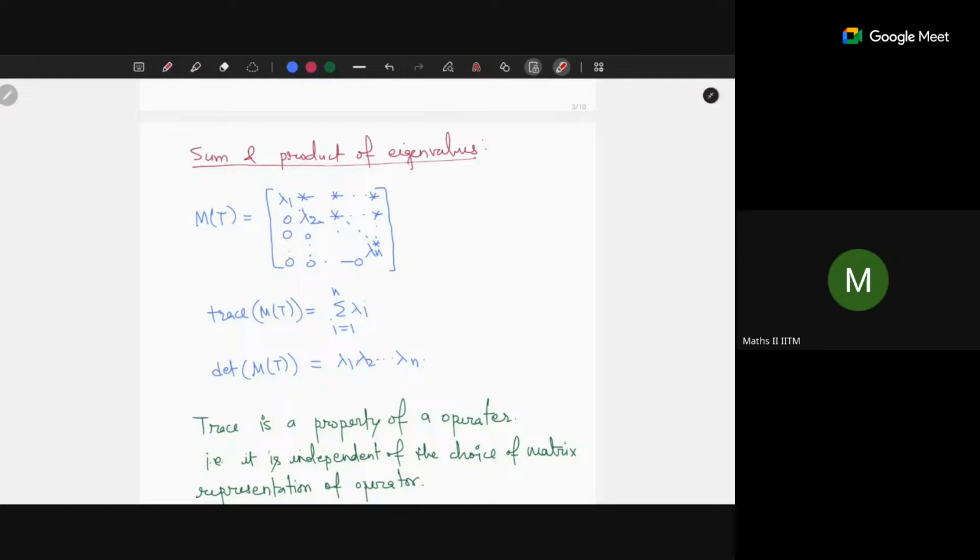The diagonal entries of this matrix representation are the eigenvalues, so it is the sum of all eigenvalues of T.